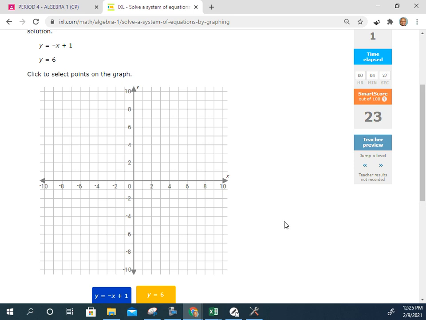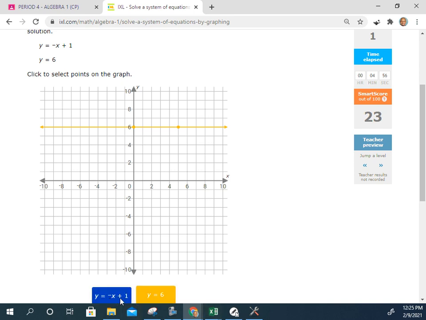For a horizontal line, you go to the y-axis. Let's graph y equals 6. Go to the y-axis, put your point at 6, and then put a point somewhere else. It can be anywhere else you want so that you have a horizontal line. So there's your y equals 6 line.